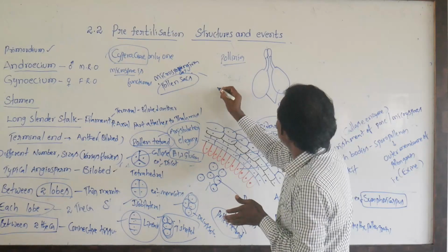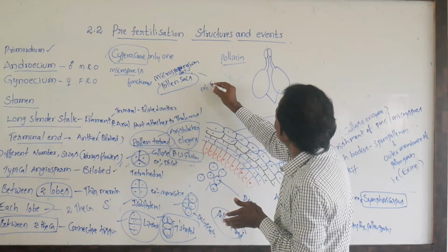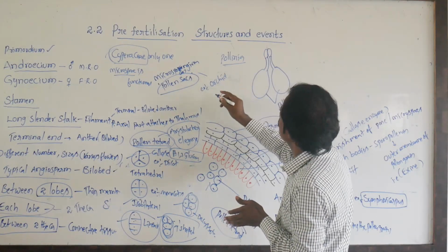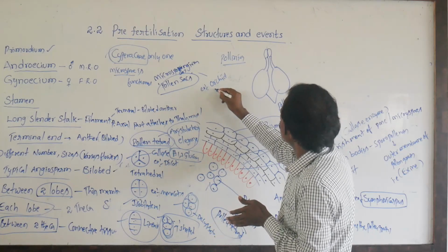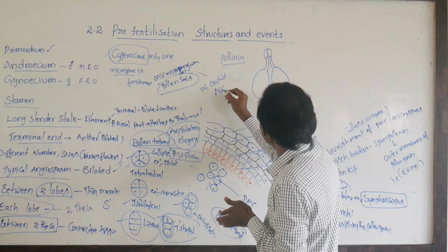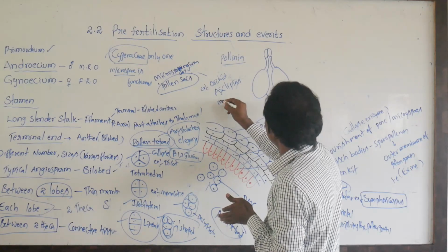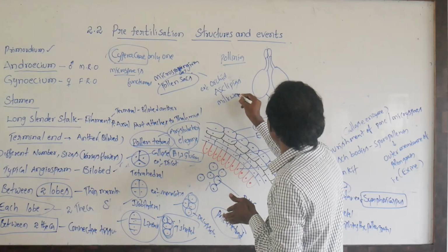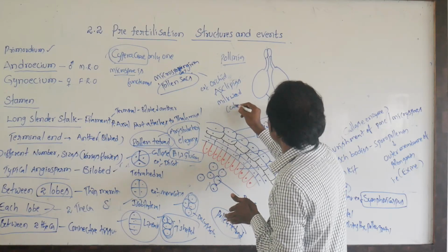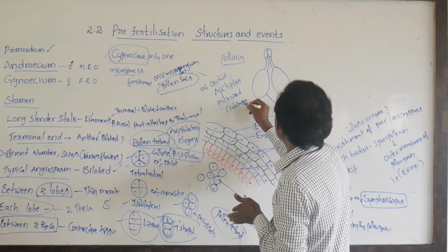Normally this Pollinia we observe in orchids as well as Asclepias and milkweed, that is Calotropis.